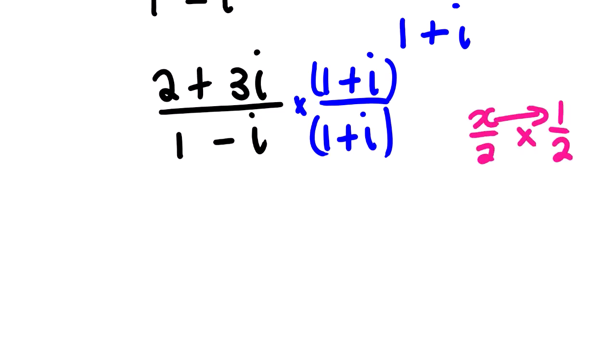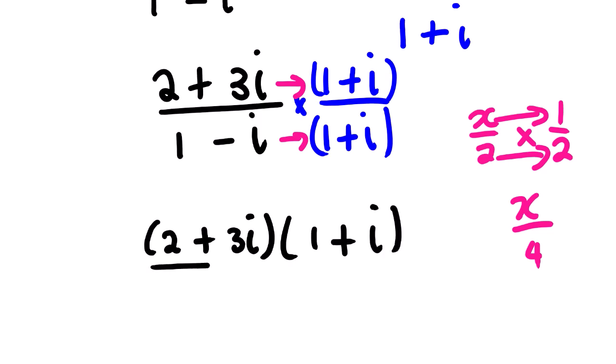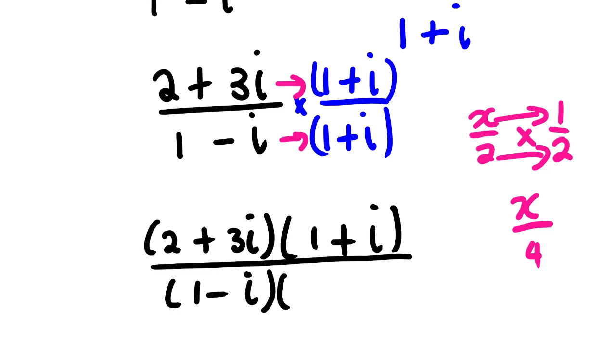We just multiply numerator by numerator, and denominator by denominator. x multiplied by 1 is x, over 2 multiplied by 2 is 4. So you're going to do the same thing. This multiplied by this, over this multiplied by this. So we are going to have 2 plus 3i multiplied by 1 plus i, all over 1 minus i multiplied by 1 plus i.